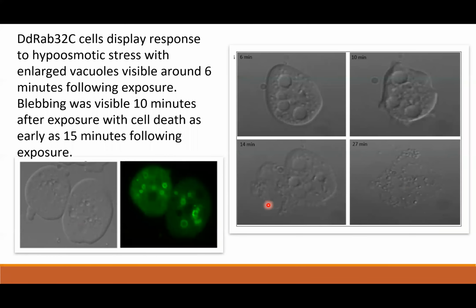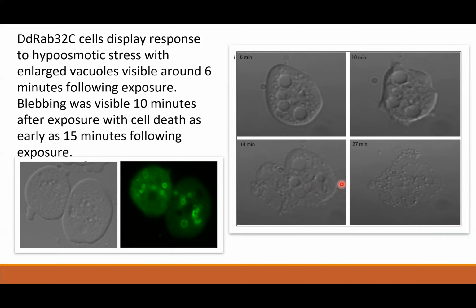Okay. Lastly, I wanted to bring to emphasis just how exaggerated the Rab32C cells respond to hypoosmotic stress. So I took some bright field images, which you can see on the right here. After 6 minutes, you see these large vacuole formations form, and they're perfectly round, almost crater-like. In 10 minutes, the cell is blebbing and beginning to swell.